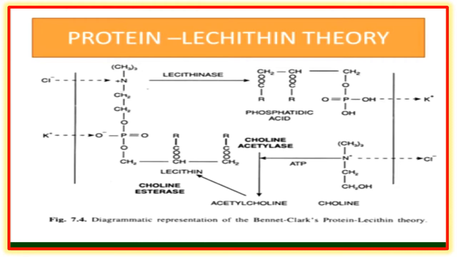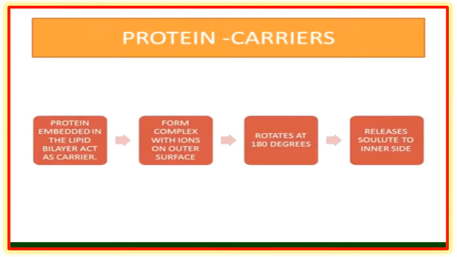Now, there are certain protein carriers that act as channels for the transport of ions. Protein embedded in the lipid bilayer acts as a carrier, and then it forms complexes with the ions on the outer surface.